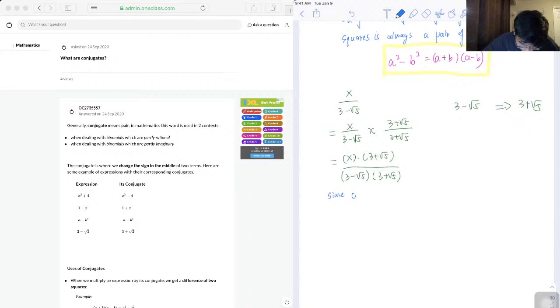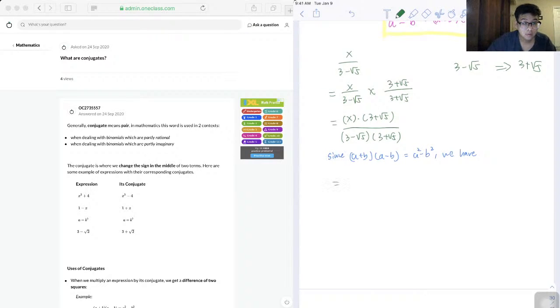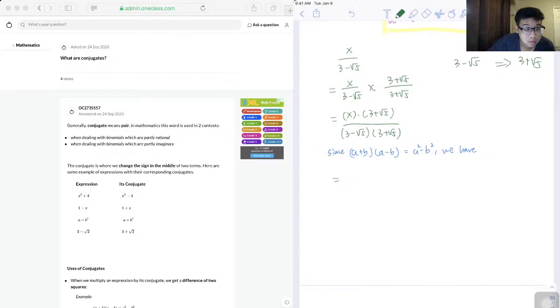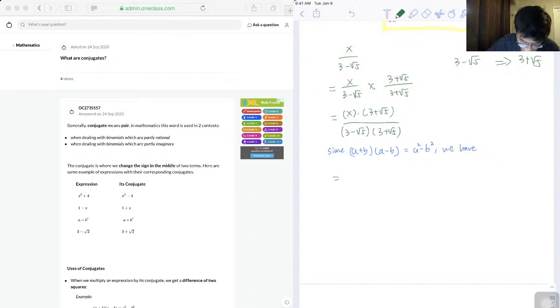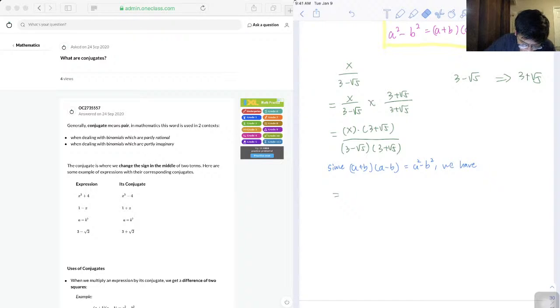Since a plus b times a minus b is equal to a squared minus b squared, so we have... actually, let's just switch the x to 2.